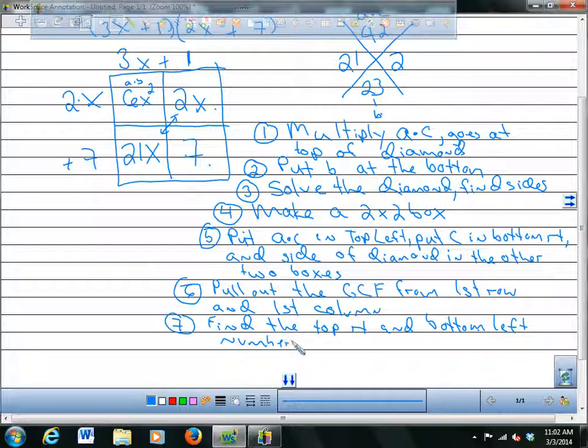And the last step is, look how it goes down like this, 8 is write the factored polynomial.